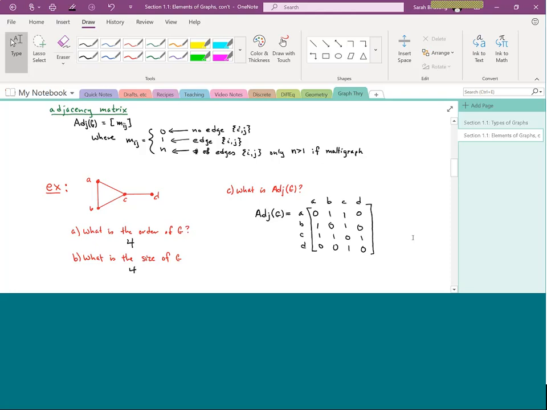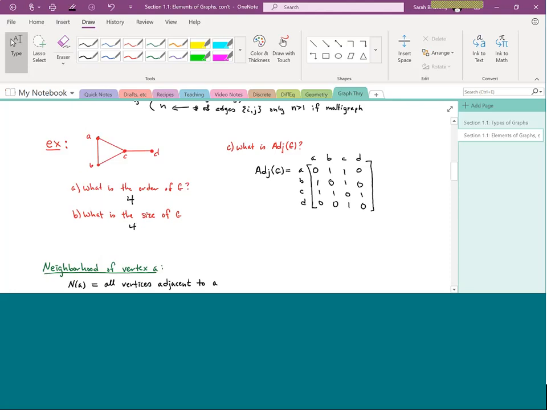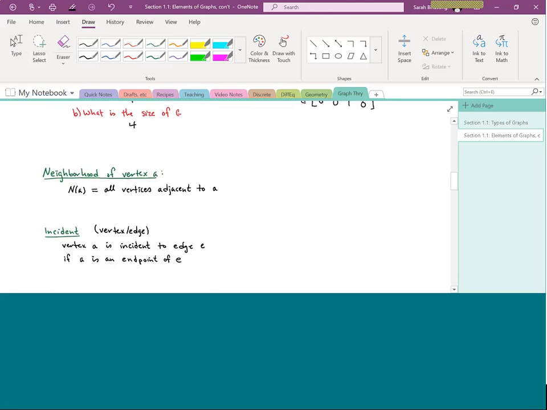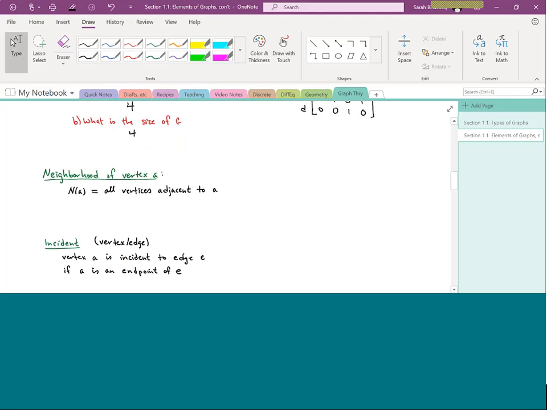All right, so there's one other matrix that we'll talk about today. Oh, we actually talked about this already, so we'll go ahead and give you that vertex. There is something called the neighborhood of a vertex, and I am now wishing that I'd put this back when we were talking about adjacent vertices. This is simply all the vertices that are adjacent to A. So let me tag this up here.